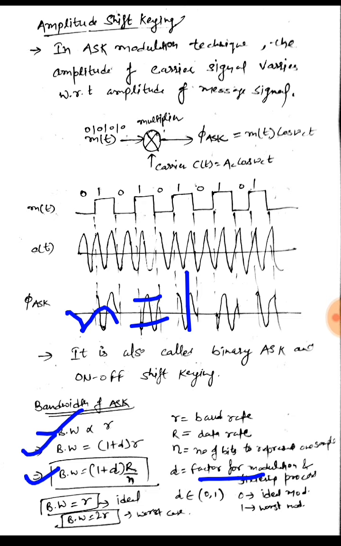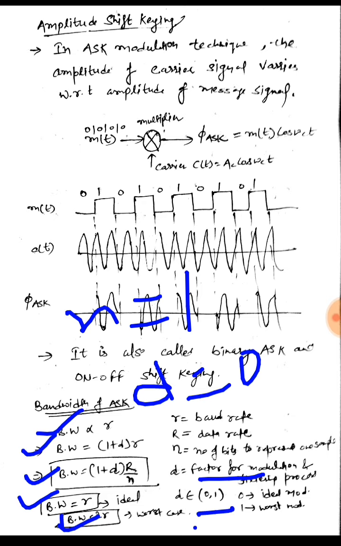The value of d can range from 0 to 1: 0 for ideal modulation and 1 for worst case modulation. So for ideal modulation, if we put d equal to 0, we get bandwidth equal to R, the baud rate. If we put d equal to 1, we get the bandwidth in the worst case scenario, which would be 2R.